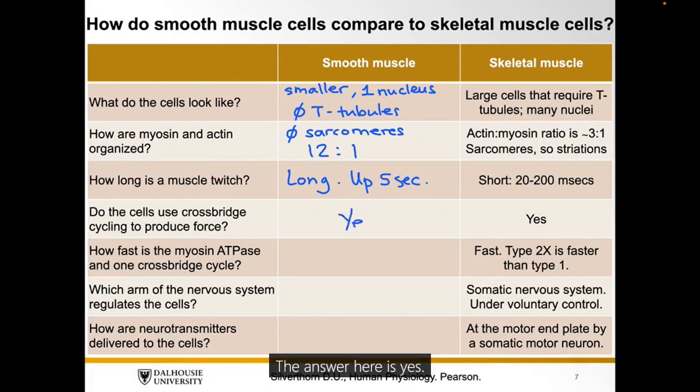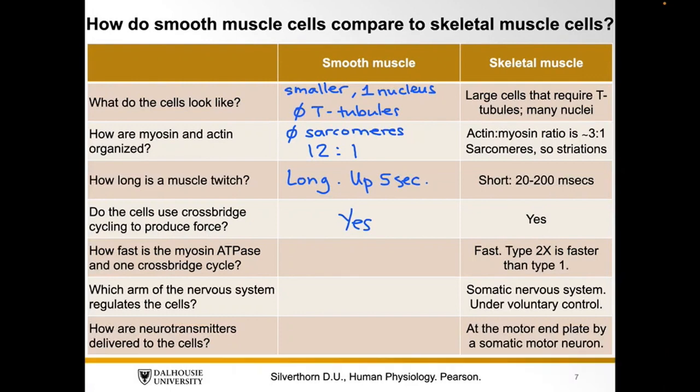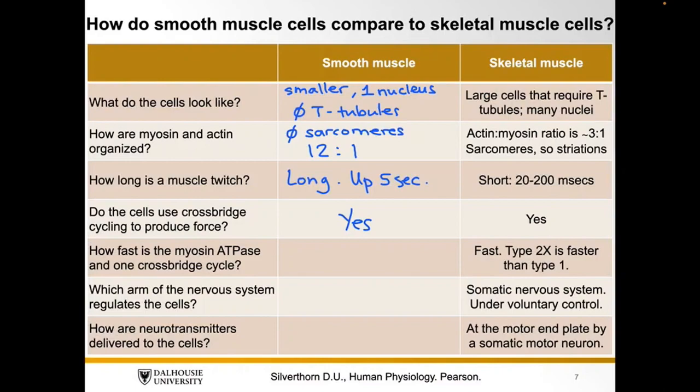The answer here is yes. So remember that 5-step process where we described how myosin and actin interact together? It has the ATP binding and the myosin head swiveling and so on and so forth. So this is actually something that smooth muscle and skeletal muscle cells share. Cross-bridge cycling is comparable between the two types of cells.